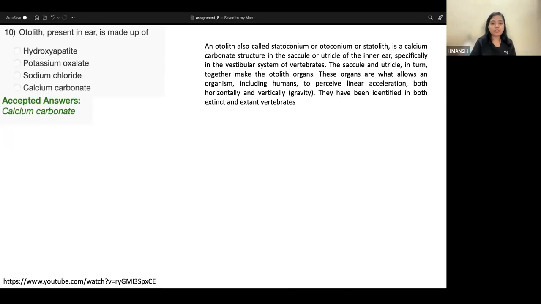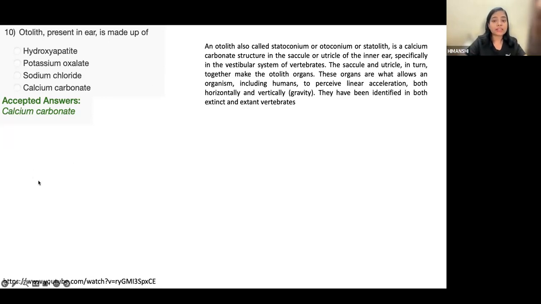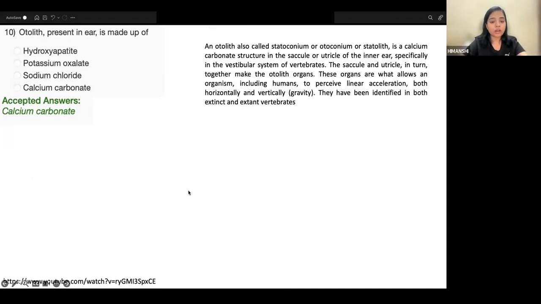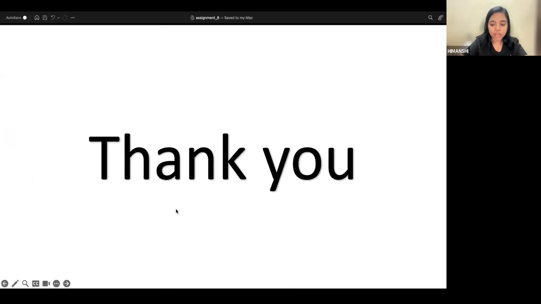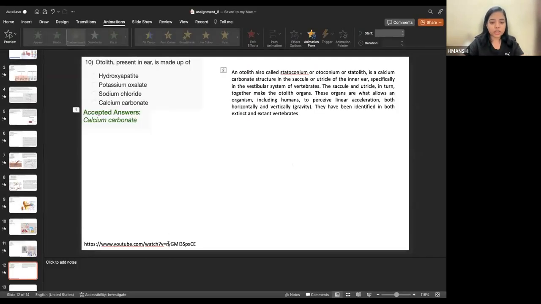They have been identified in both extinct and extant vertebrates, right? So if you are moving in a car, you feel nauseated. If you're going in a lift up and down, there's sudden change, right? You are perceiving it. That is because of the otolith organ in your inner ear, which basically senses all this information.